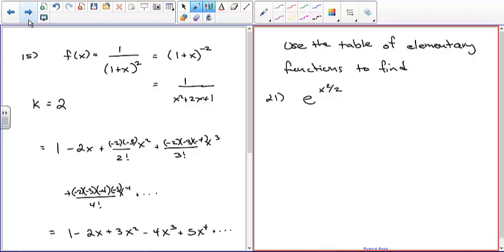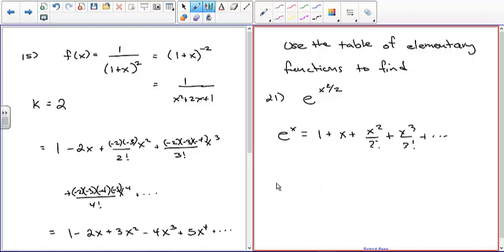Okay, and the last topic is just using the table of elementary functions, which you have as a handout, this one here, how you use this to come up with series representations of more complex expressions. So instead of going through the whole process of doing a Taylor series or a Maclaurin series on this, we can use the fact that e to the x is 1 plus x plus x squared over 2 factorial plus x cubed over 3 factorial, and so forth.